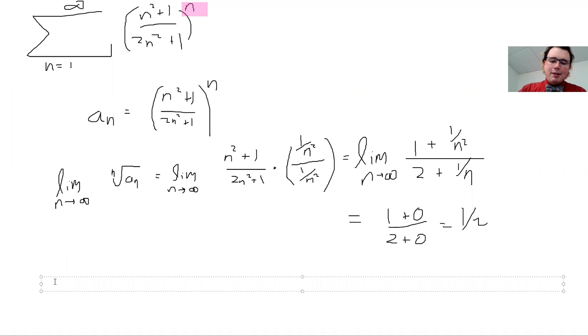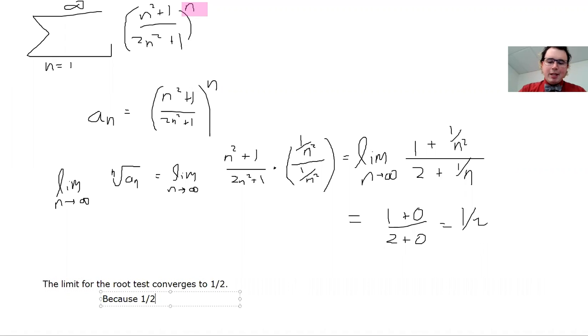So I would say that my limit for the root test converged, right? Not only did it converge, it converged to 1/2. What's the interpretation?